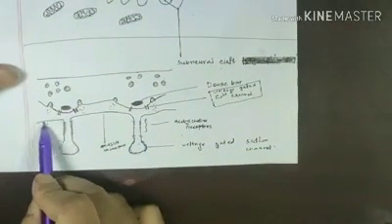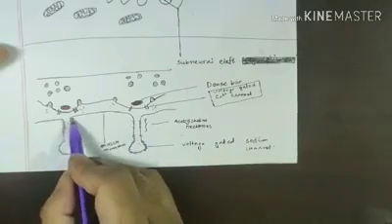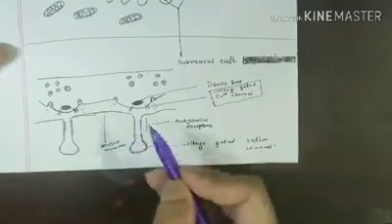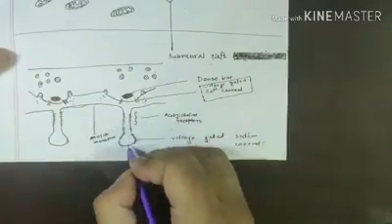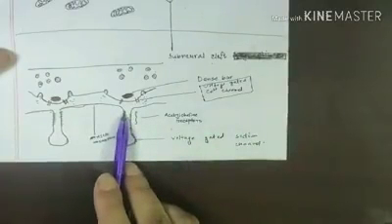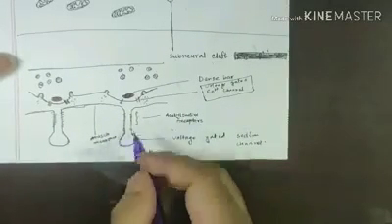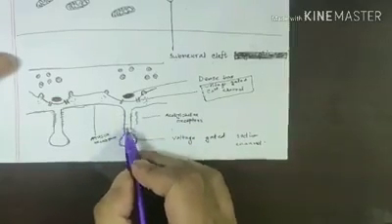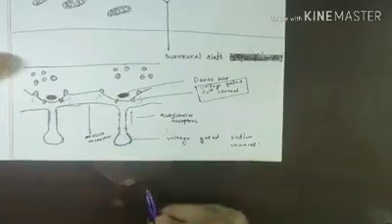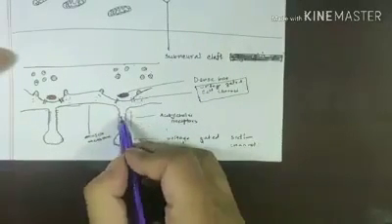And you see over here, this should be the skeletal muscle fiber membrane. The mouth of this is called subneural cleft, as I have mentioned earlier. In the mouth of the subneural cleft, there are some receptors for the acetylcholine. These are known as acetylcholine receptors.